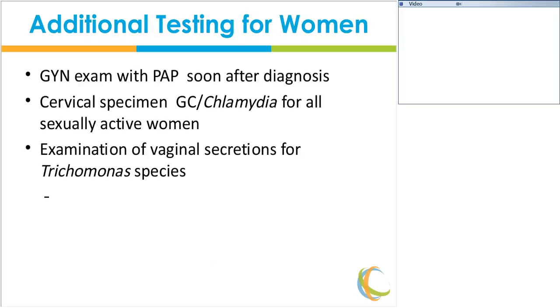Additional tests for women with HIV include a GYN exam with a PAP test soon after diagnosis. The incidence of abnormal PAPs is much higher in patients with HIV disease. If you can get at the same time of the GYN exam, you could also get a cervical specimen for GC and chlamydia using the DNA probes.